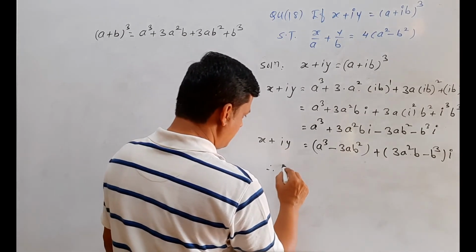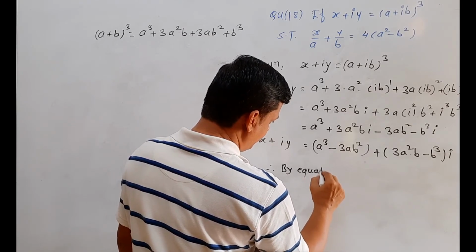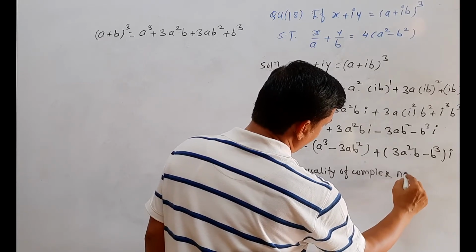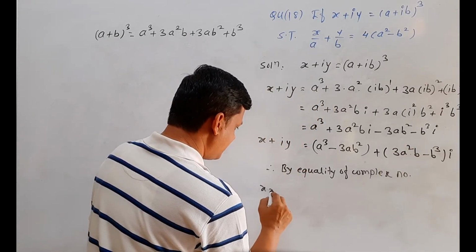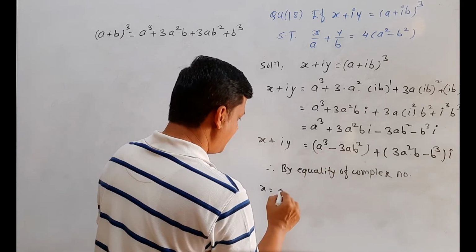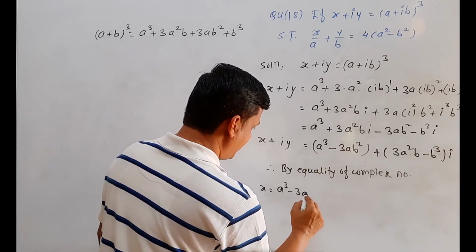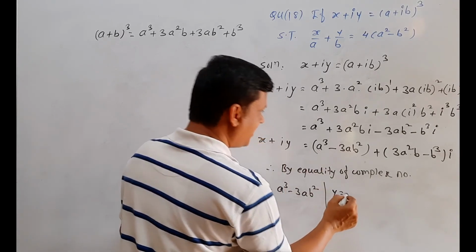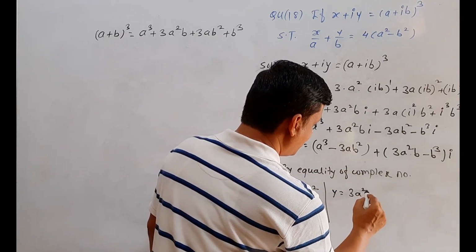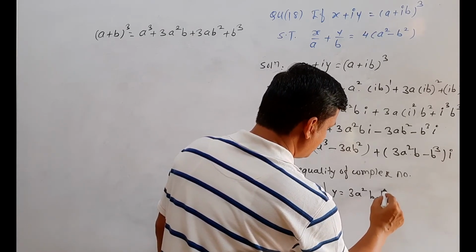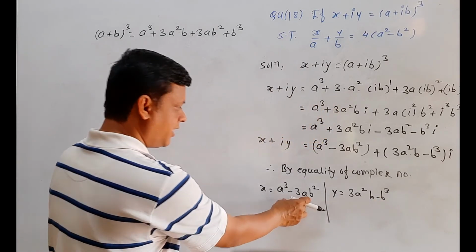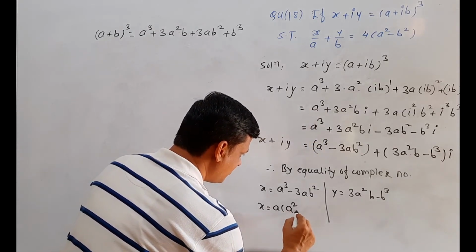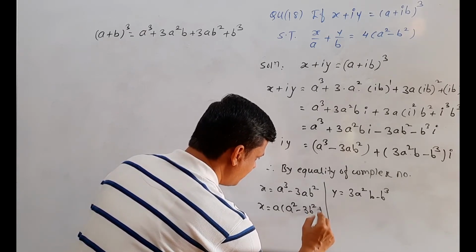So right here, by equality of complex numbers, x equals the real part, so x equals a cubed minus thrice a b squared, then y equals the imaginary part, 3a squared b minus b cubed. From this we can take a common, so we write x equals a times (a squared minus 3b squared).